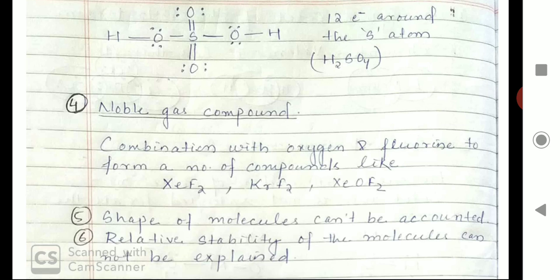With these four limitations, we saw that different elements and compounds exist without satisfying the octet rule. Some other limitations are that the shape of the molecule cannot be accounted for, and the relative stability of the molecule also cannot be explained with the octet rule.